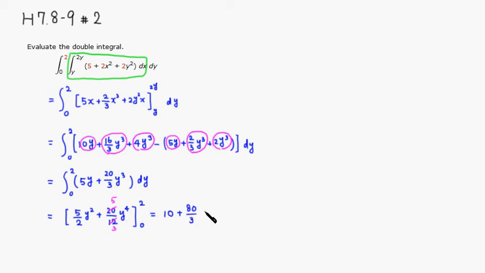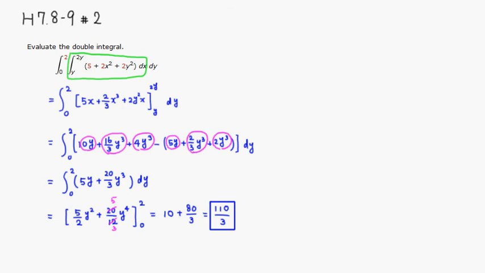Then minus, plug in 0, it's minus 0, so I'm not going to write that. So this is equal to 10, which is 30 over 3, plus 80 over 3, so 110 over 3. This is the value of the given double integral.